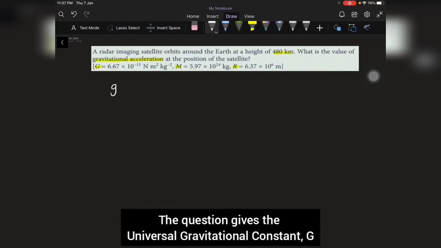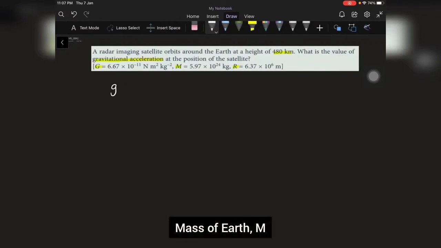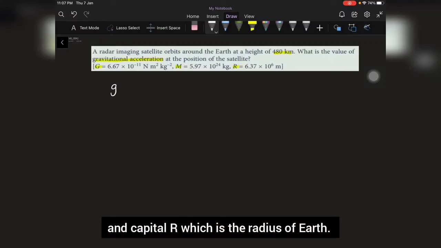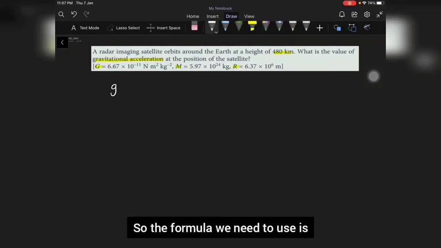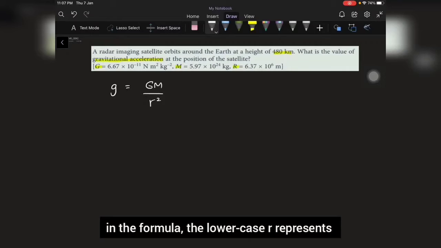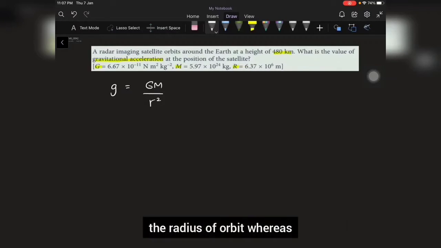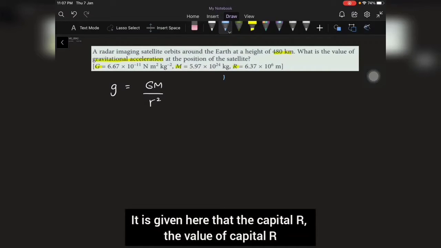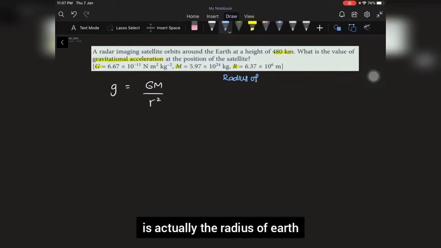The question gives the universal gravitational constant G, the mass of Earth M, and capital R, which is the radius of Earth. So the formula we need to use is g equals GM over r squared. However, in the formula, the lowercase r represents the radius of orbit, whereas the capital R given here is actually the radius of Earth.